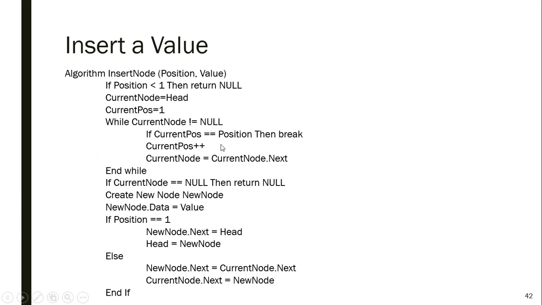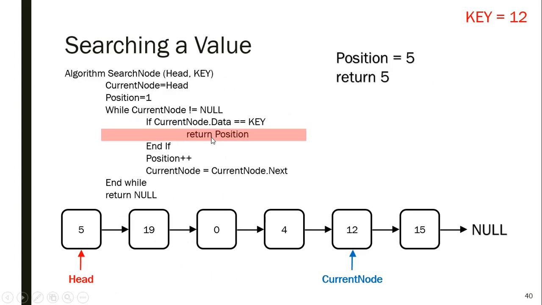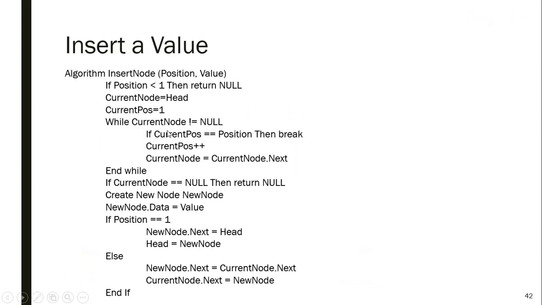It is the same searching algorithm, very similar to that. So if we are going to reach that position, it means that position is in fact in the limits of this list. So we are going to create a new node.